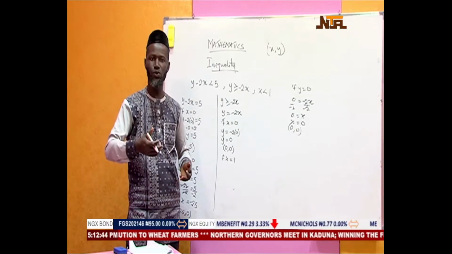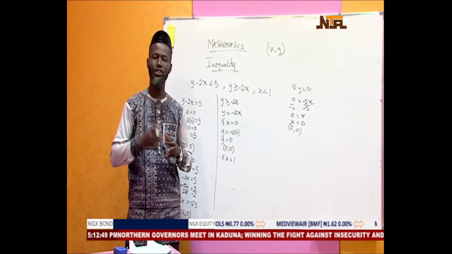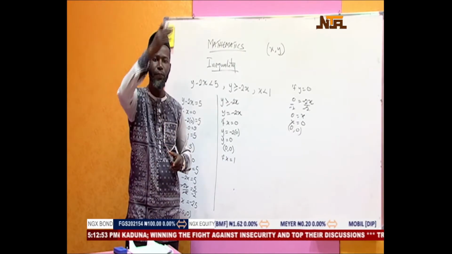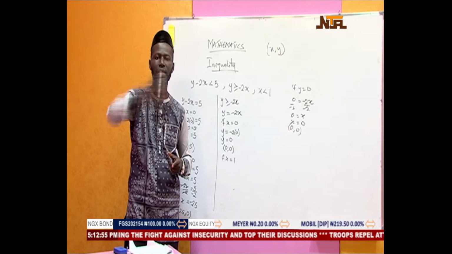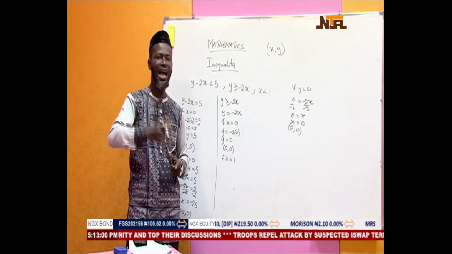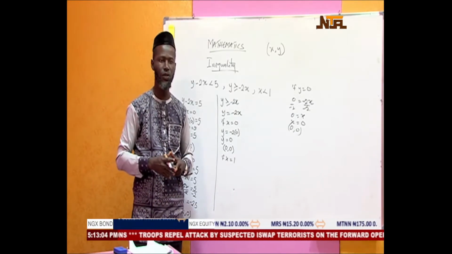So if y is equal to 2, you are still going to get the same thing, because we are talking about a straight line. What is the definition of a straight line? It is the distance between 2 points. On a straight line, we can have thousands of points, and this coordinate represents a point. So you can have thousands of points irrespective of whatever number you are using.